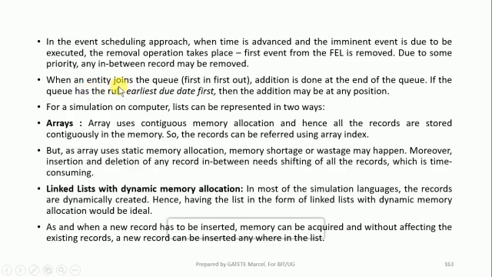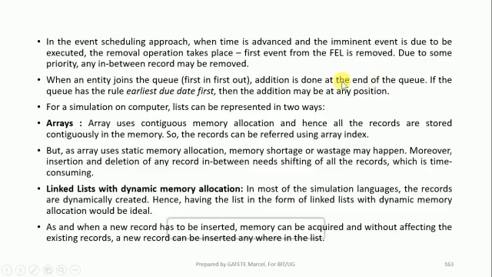So when an entity joins the queue, with first in, first out, addition is done at the end of the queue. If the queue has the earliest due date first, then the addition may be at any position. So when I have first in, first out, when a new customer joins the queue, the addition will be done at the end of the queue, so that when I remove, I remove the one who is at the top.